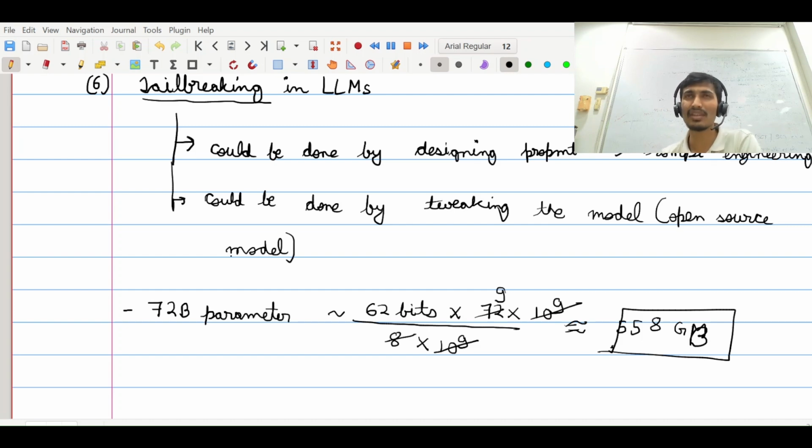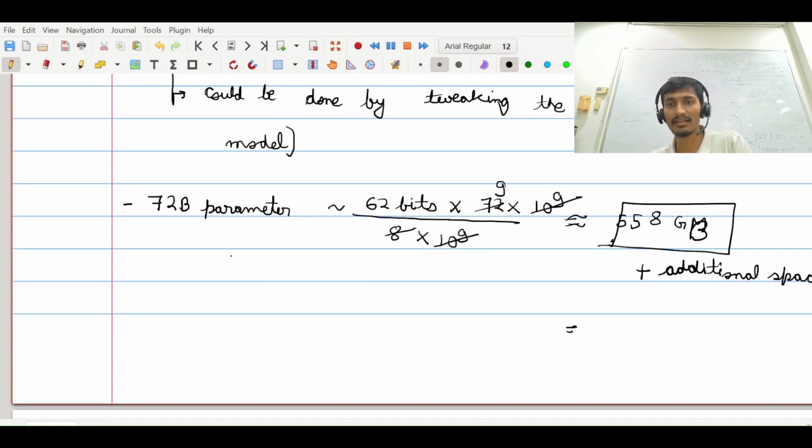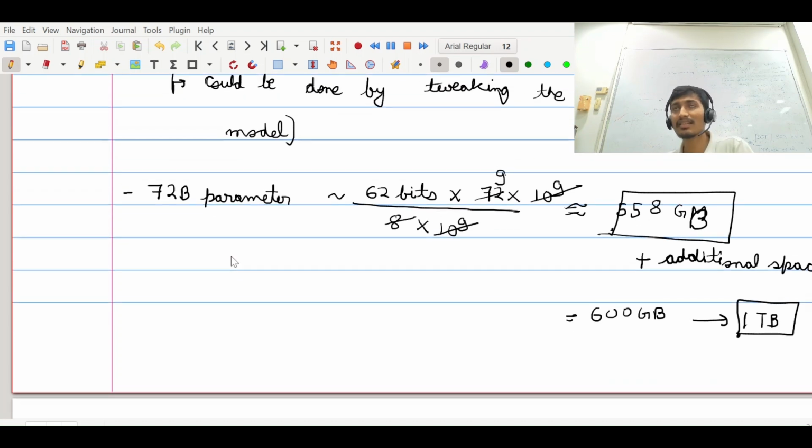it's not enough. You also have to store information about how the model is constructed, about the architectures, how those parameters are related. So there would be some additional space. So let's take it to be 600 GB, or if you extend it further, it would be 1 terabyte. So if somebody has 1 terabyte of space, they can download a model. It could be done by large institutions which have cluster computers, or by supercomputers, or somebody who is a hobbyist can download it.